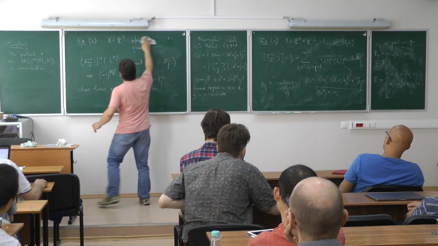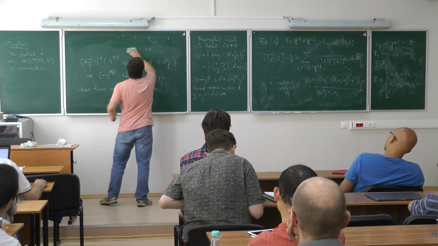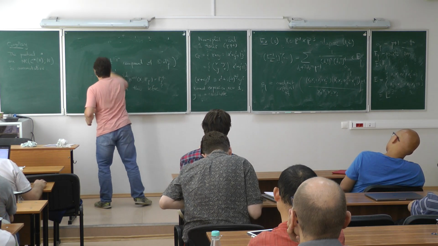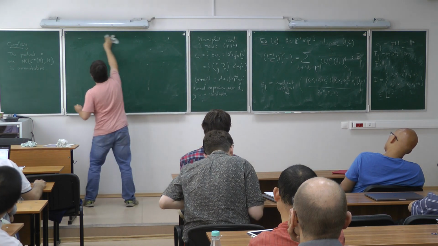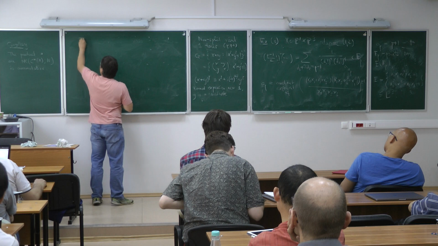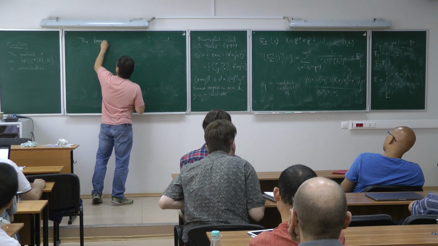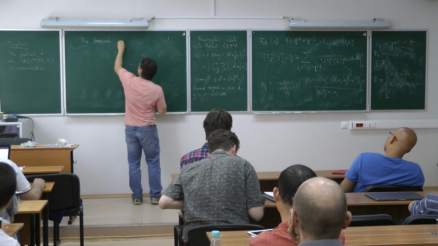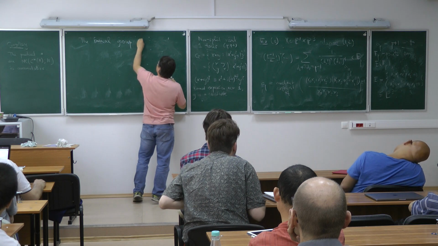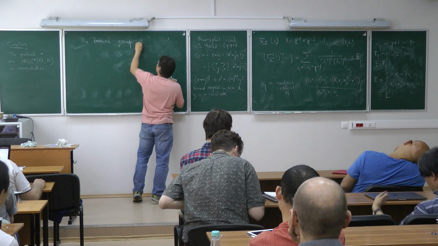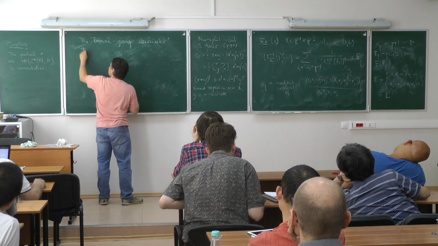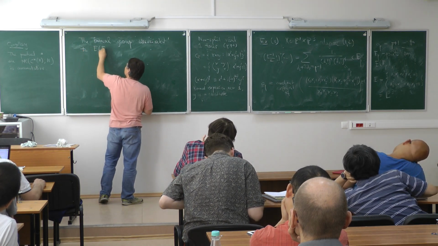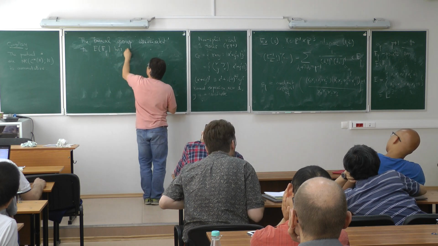Well, that's a good question. Let me write down, sorry, one second. The formal group associated to E over F_p has a pth power map.